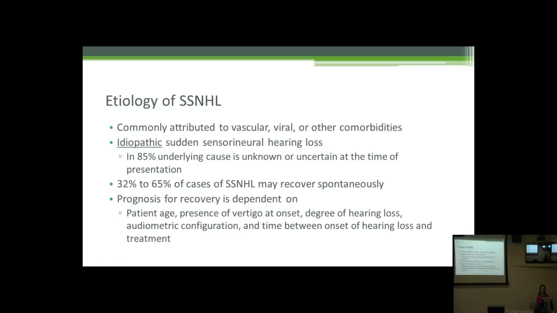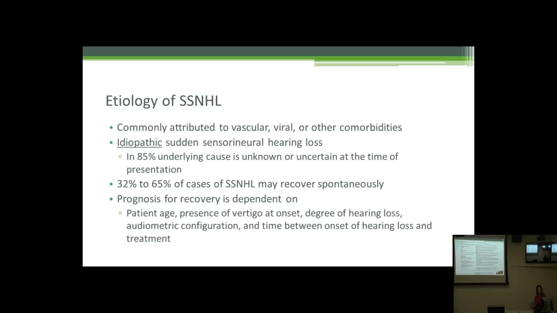The prognosis depends on how quickly they're seen, how quickly they're started on treatment, and whether or not their overall condition, whatever may have caused it, can be reversed. What I mean by that is we can see them sooner, and we can certainly get them started on some steroid, and I'll show you what we typically do.